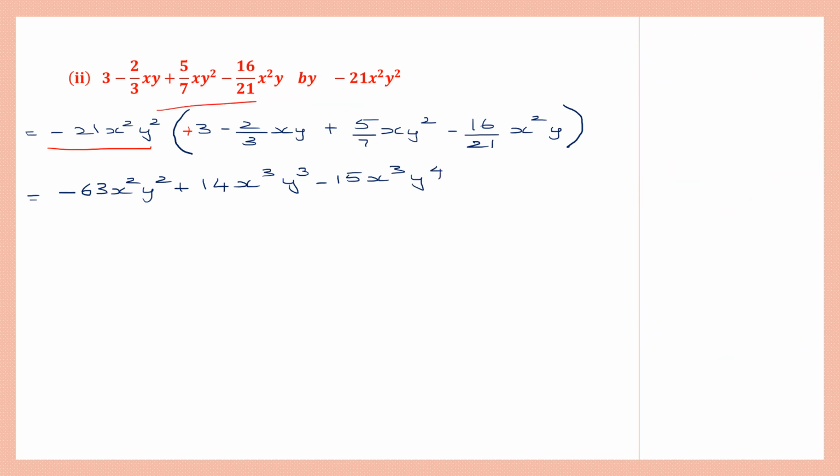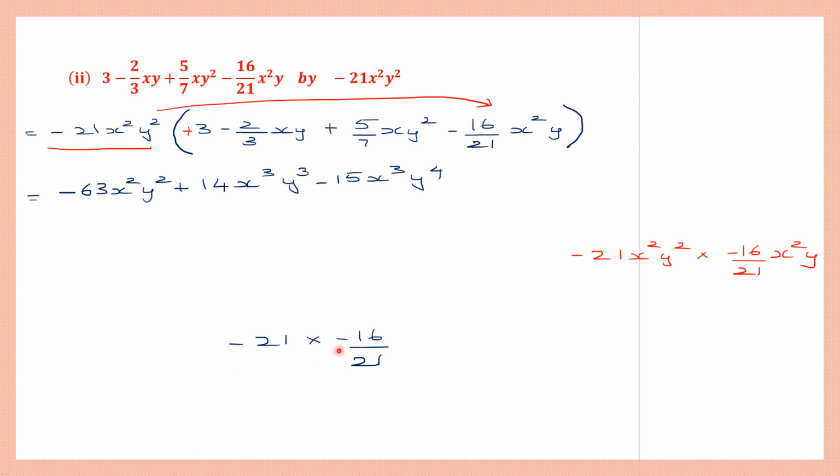Now we are going to multiply with the last term. So that is minus 21 x square y square into minus 16 by 21 x square y. Let's take only the numbers, minus 21 into minus 16 by 21. The signs, minus into minus is plus. So let's write plus here. So the sign is plus.